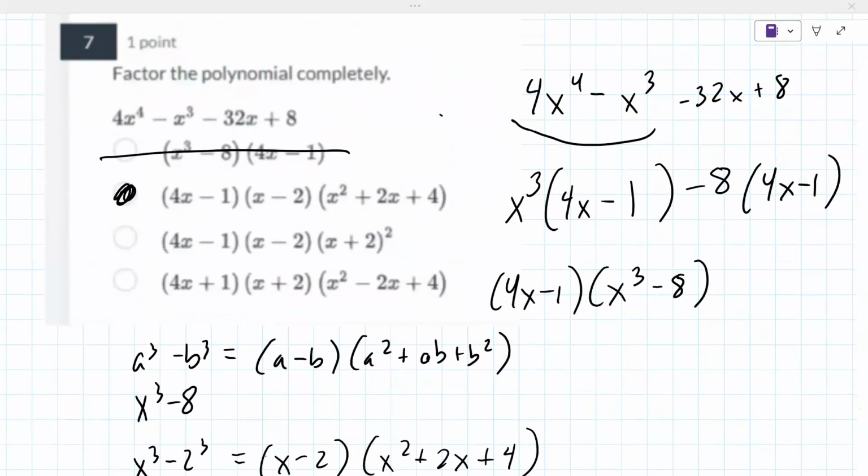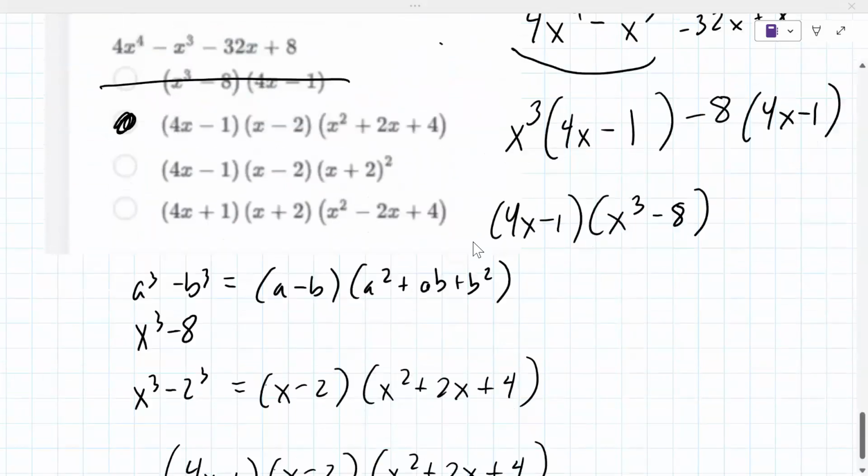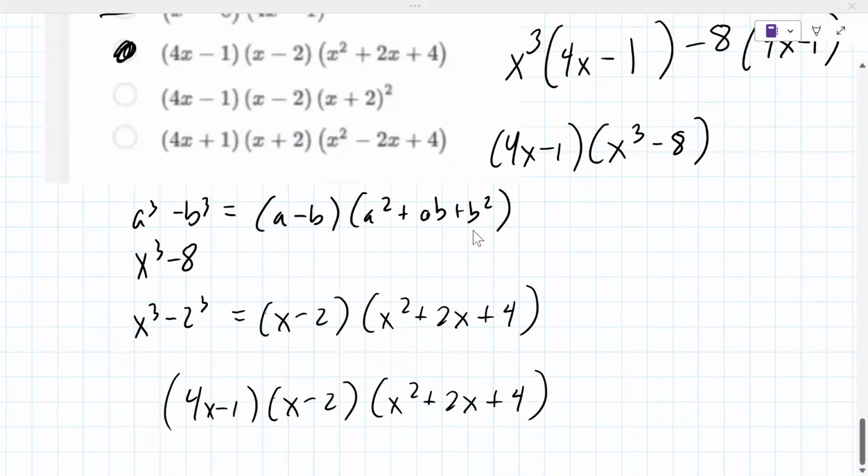Can you scroll down a tiny bit? Sure. Okay, we can move on.